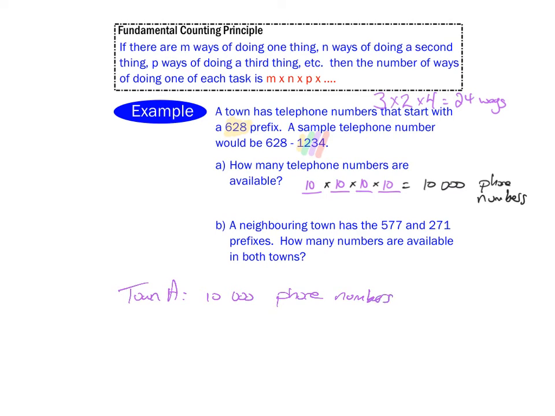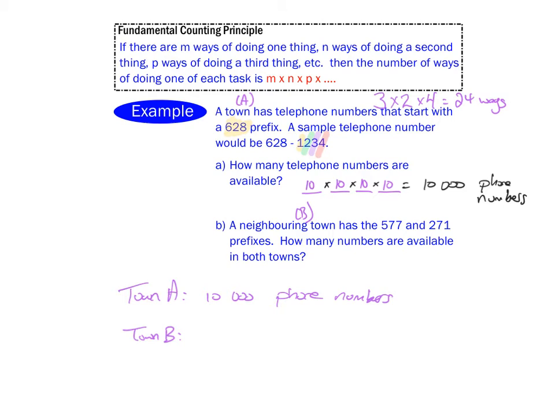Now, it doesn't actually say how many phone numbers in total or altogether. So that leads me to believe that we don't have to add the numbers, but just say how many are available in both towns. We could add them together, but it isn't specific enough, so we could also leave it as this is the number in town A, and this is the number in the neighboring town, which we'll call town B.